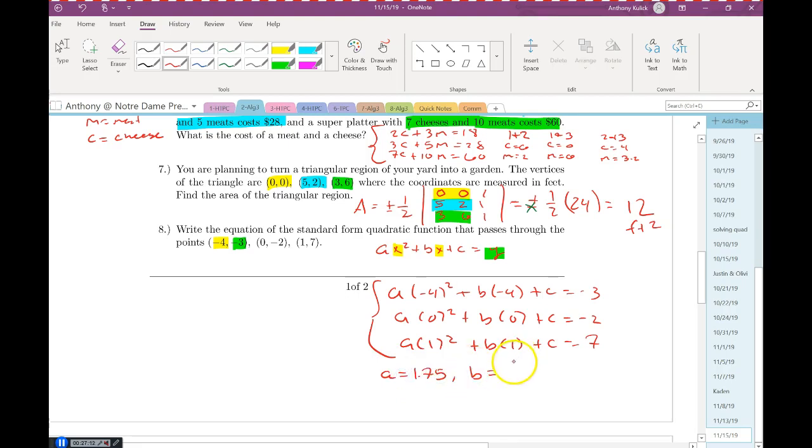And I get the following. So I would write my final answer as y equals 1.25x squared plus 7.25x minus 2.